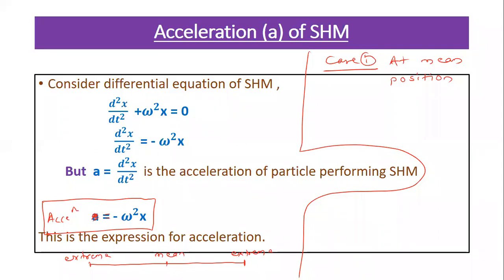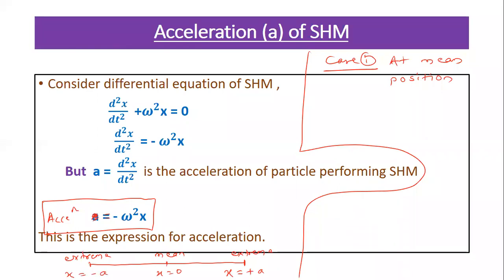At mean, displacement is 0 because we are measuring displacement of the particle from the mean position. At the right hand side is the positive extreme position, where displacement is plus a, and towards the left hand side it is the negative extreme position, where displacement is minus a.